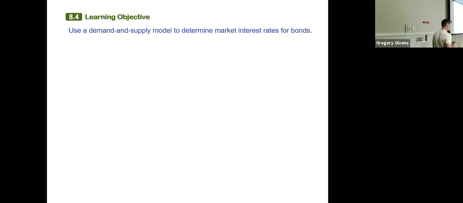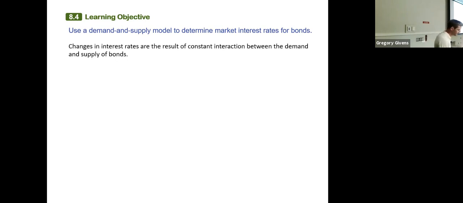Now, what we just learned here is that interest rates or yields to maturity are inversely related to bond prices, okay? So it's easy enough to explain why interest rates fluctuate over time, that is why they change the way they do, if we can simply understand why bond prices change, right?